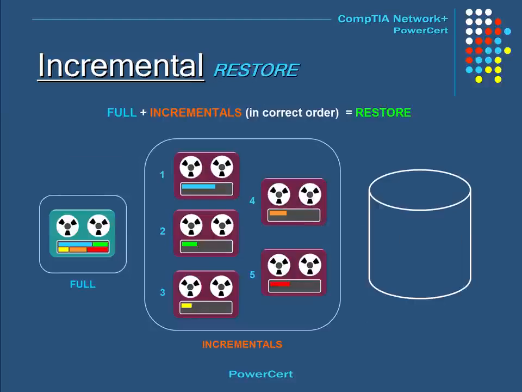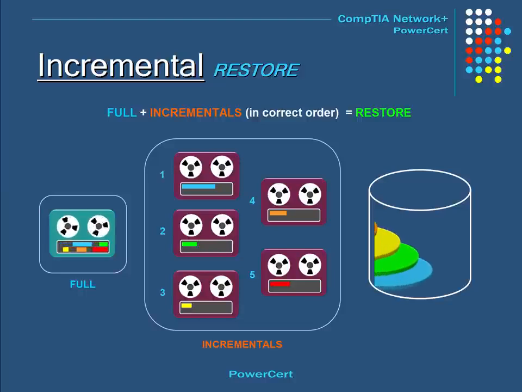When you have to restore an incremental backup, you have to restore the full backup along with the incremental backups, and you have to restore the incrementals in the same order as you backed them up. For example, here we have a full backup tape and a week's worth of incremental backups.